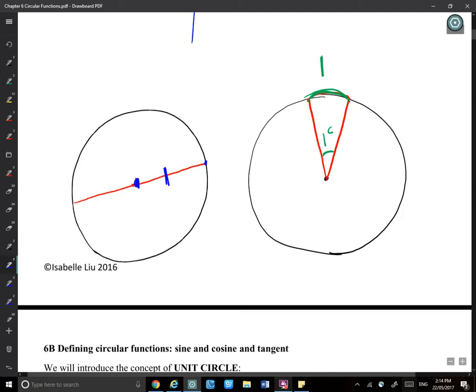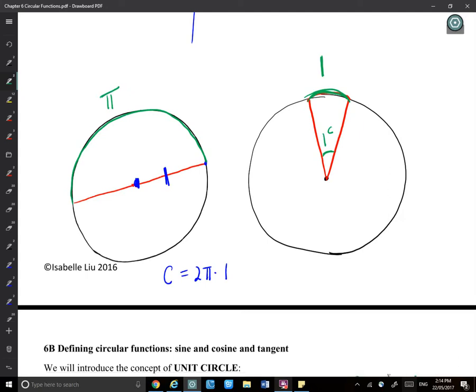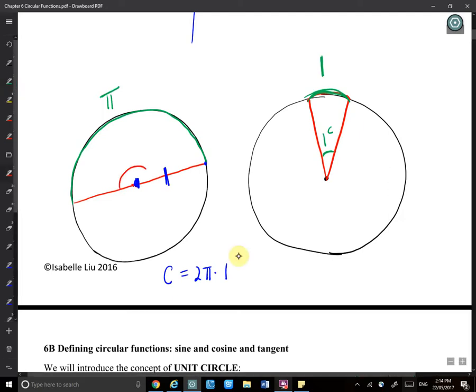So the circumference equals 2πr, which is 2π. Half of the circle has a circumference of π. This green bit has a length of π. Therefore, the angle subtended by this arc will be π radians.